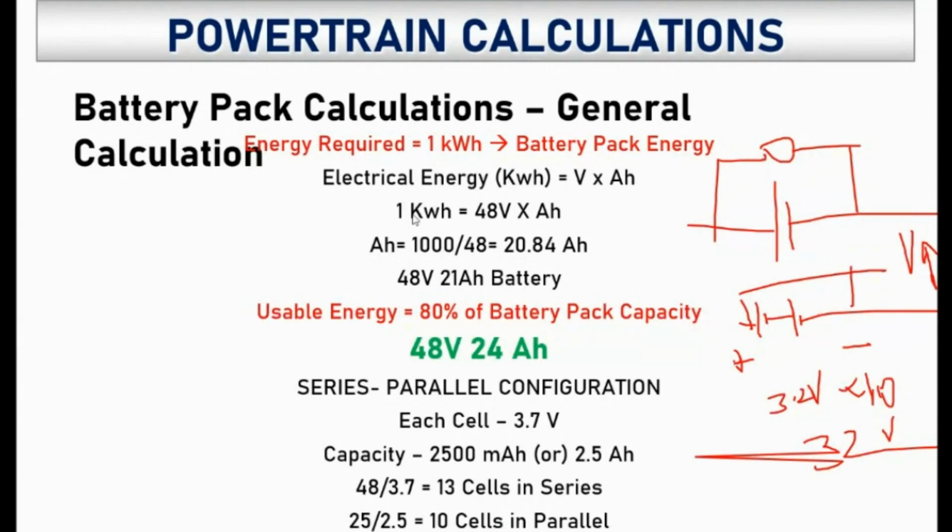If I'm going to use a 1 kilowatt hour battery, I can have an ampere hour of around 21 ampere hour.